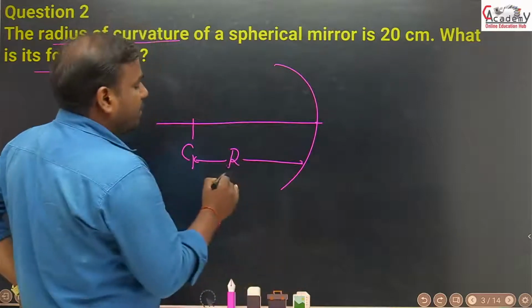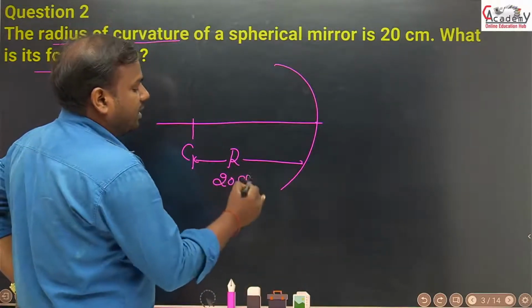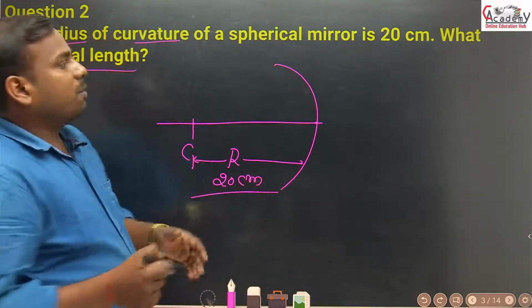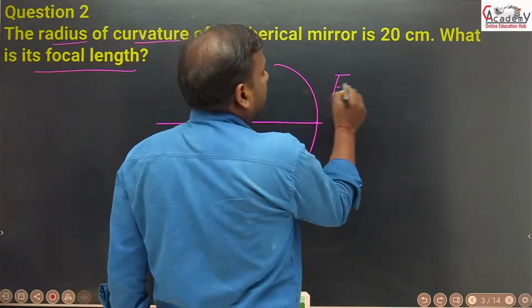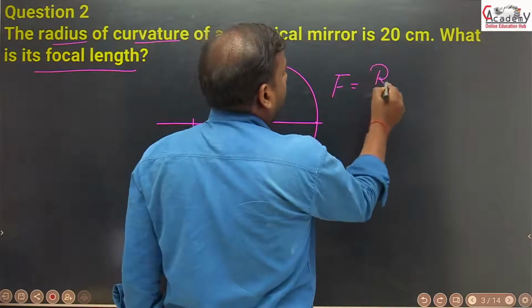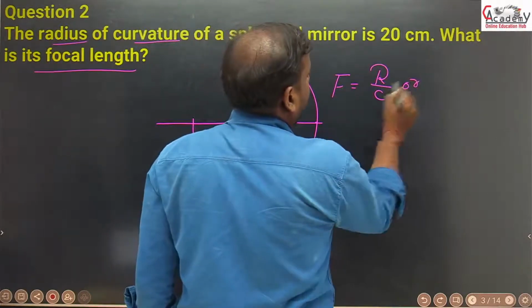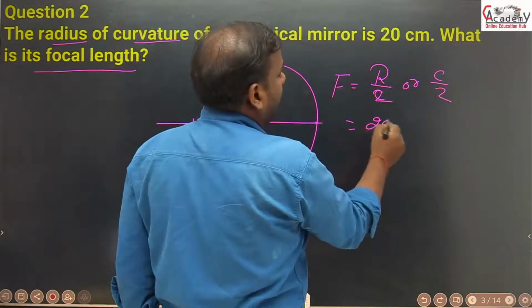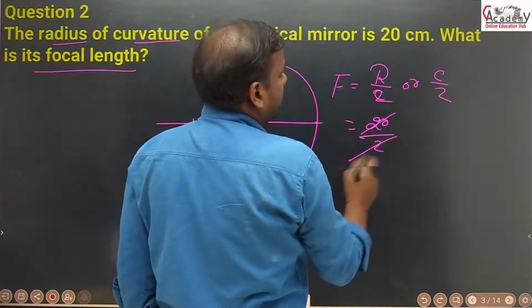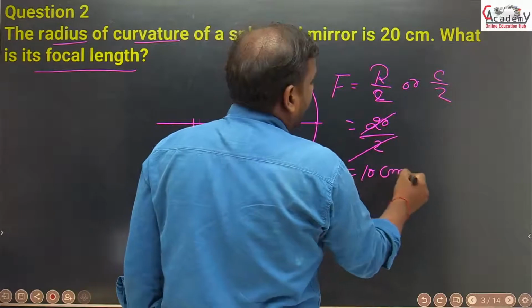If the radius of the spherical mirror is 20 centimeter, we know that focus is equal to R by 2, or we can write C by 2. So what is the radius? 20 divided by 2 means 10 centimeter. What is the focal length?